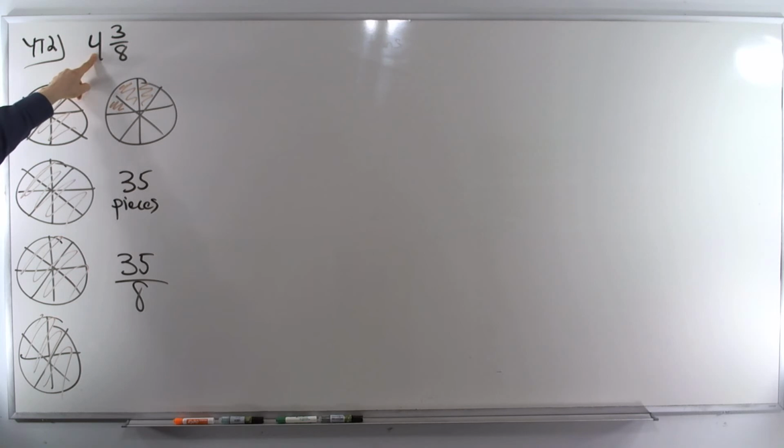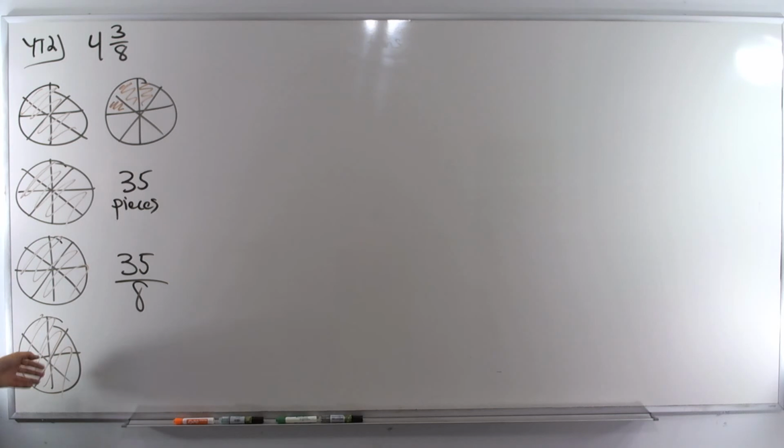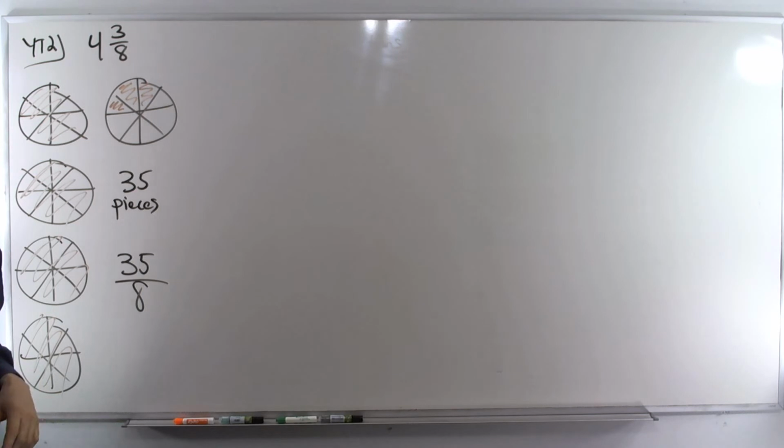There's your multiplier. So the procedure then, we're going to start by taking the whole number and multiplying by the denominator, because that gives us the number of pizzas times the number of pieces in each pizza. And then, what did we do? We added on the leftovers, the partial pizza here.